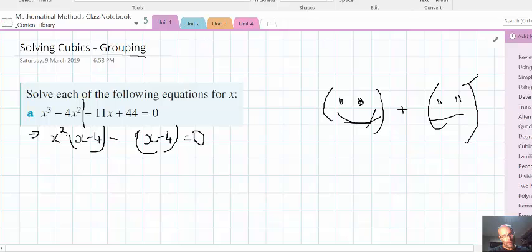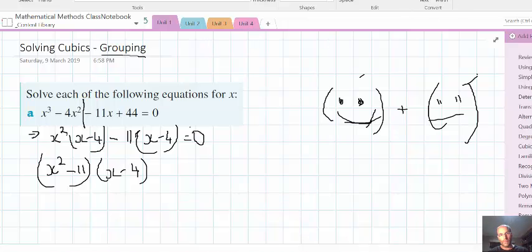So if we put in minus 11, does that work? Minus 11x, and minus 11 times negative 4 is plus 44, so yes, that works, and we'll get x squared minus 11 and x minus 4 as factors, and that equals 0.